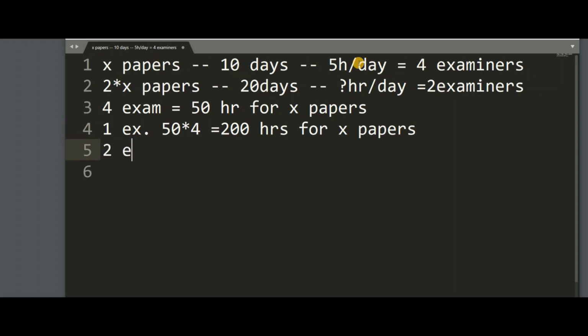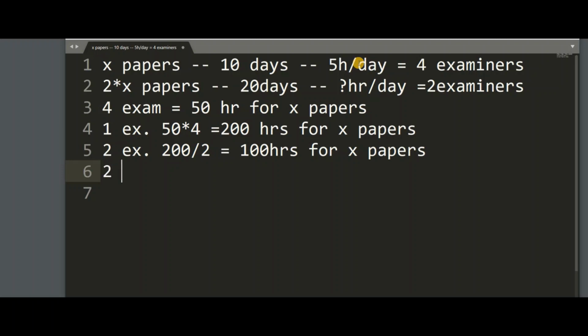So we can write that 2 examiners will take 200 by 2, which is 100 hours for X papers. But we need twice the X, that is 2X. So for 2X papers 2 examiners will take 200 hours.